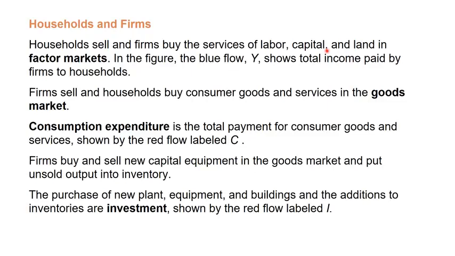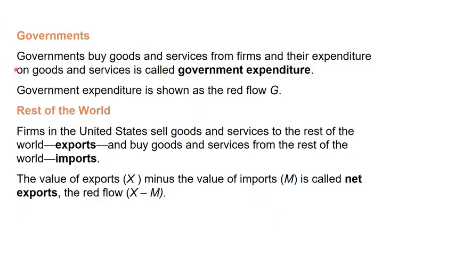Then firms buy and sell new capital equipment, and goods for market to put unsold output in inventory. The purchase of new plant, factories, equipment, buildings, and any additions to inventories are investment, I, shown in the red flow labeled I. As for the government, it buys goods and services from the firms.